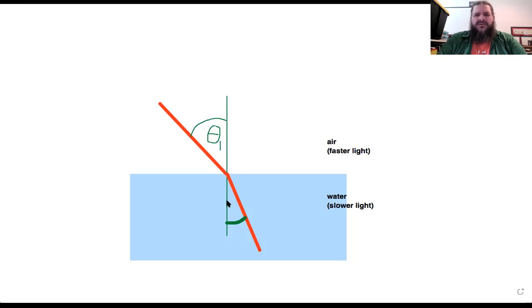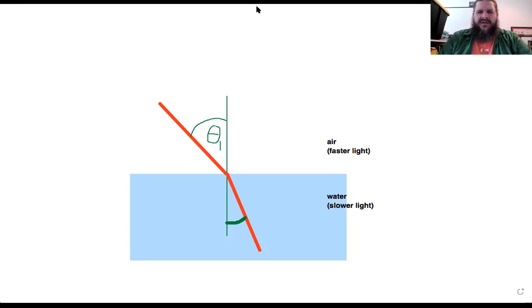And in general, if you're looking at light traveling from one medium to another, you use Snell's law to figure out how the angle changes. If light's traveling just within one material, like let's say this light continues traveling in water for a while and then hits something else, within the water it's traveling in a straight line. So you can use geometry to figure out any other angles that it encounters.